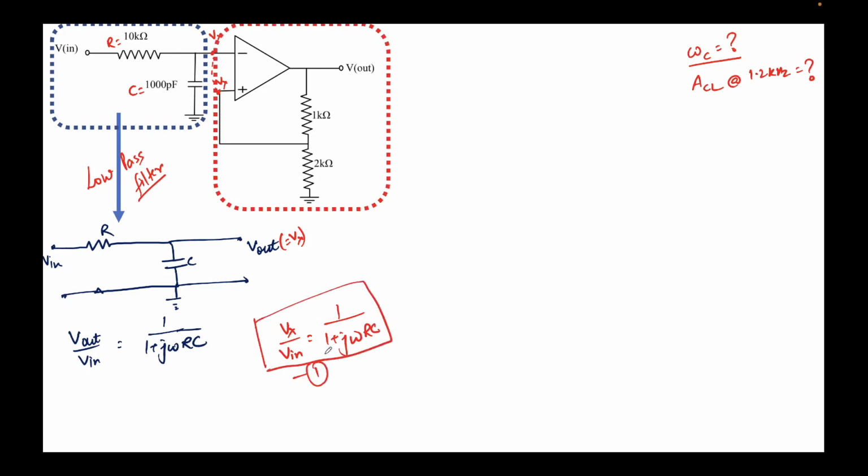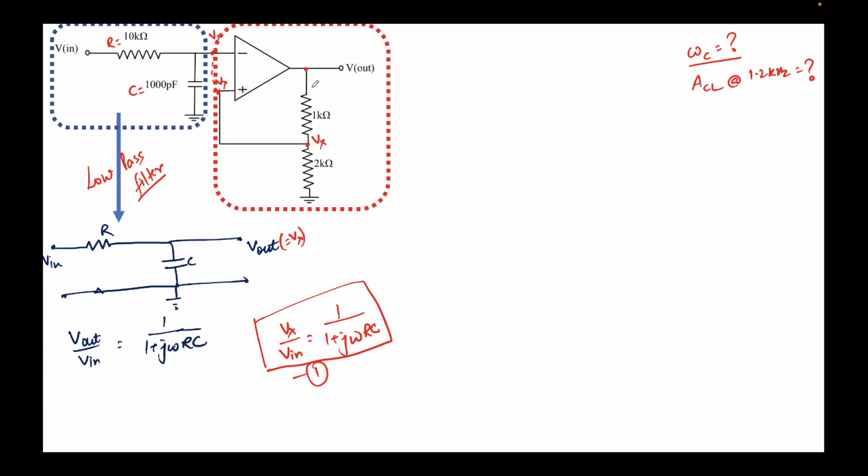Now let's look at the second half, the rectangle in red. This circuit is nothing but a positive feedback op-amp resistor circuit, and we can try to find the gain of this circuit. How? We know this potential is at Vx because of the virtual short, so this point will also be at Vx.